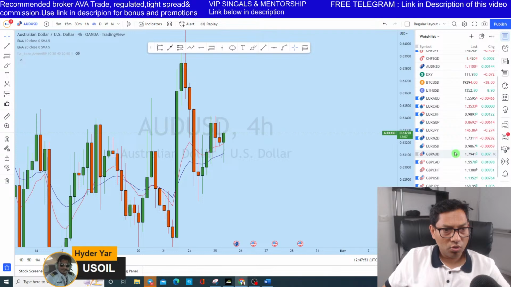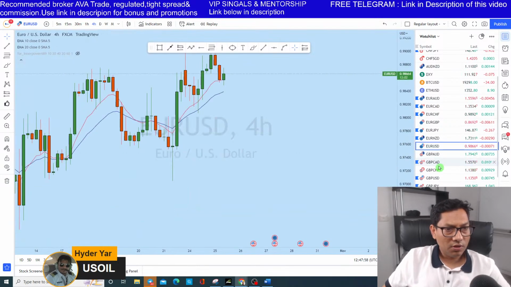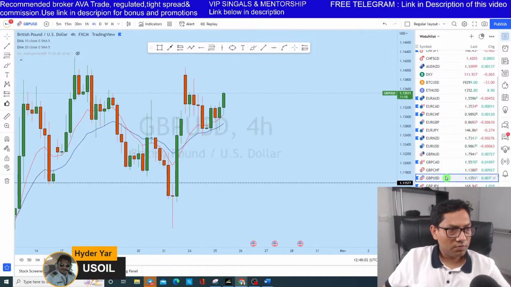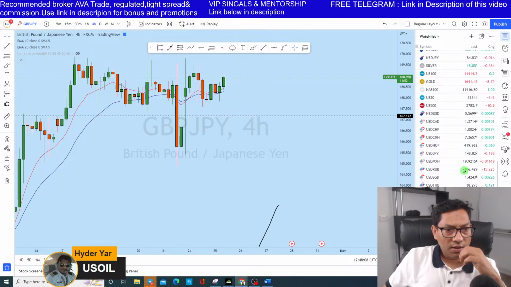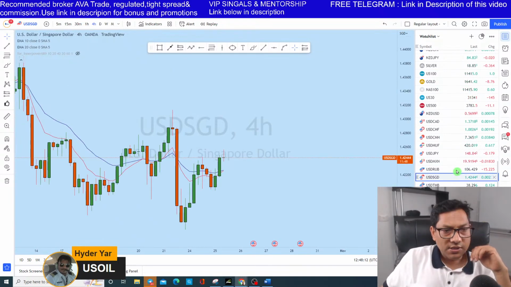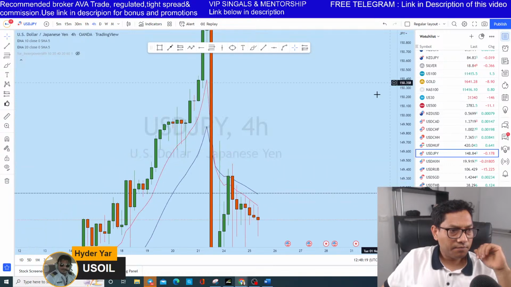So GBP looks very strong now. Let me look at all the pairs, guys, before the candle close, so that we can see which way the market is heading.